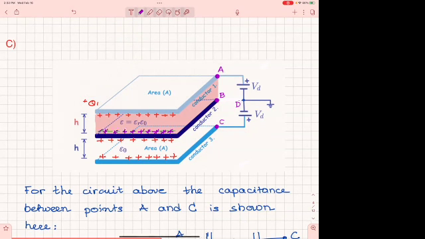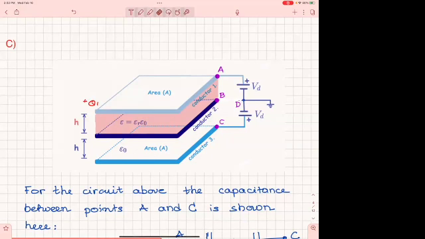All right. And then without any charges there cannot be charges here. And without these charges here, there cannot be charges there.